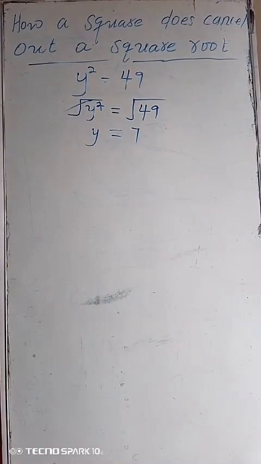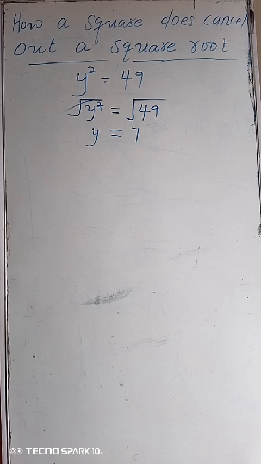So per this example, we are having y is equal to 7. Now the question is why? Mathematically, what is happening? That's what we are trying to look at today.